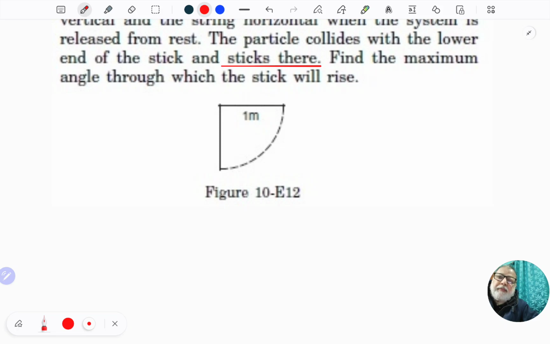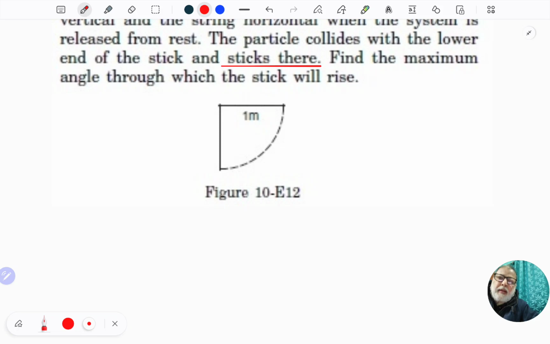Well, yes, what quantity is conserved here and what is not, that we must understand very clearly. First of all, as I said, that the particle sticks to the end of the rod is an important part of this problem. That clearly shows that the collision is perfectly inelastic between the rod and the particle.